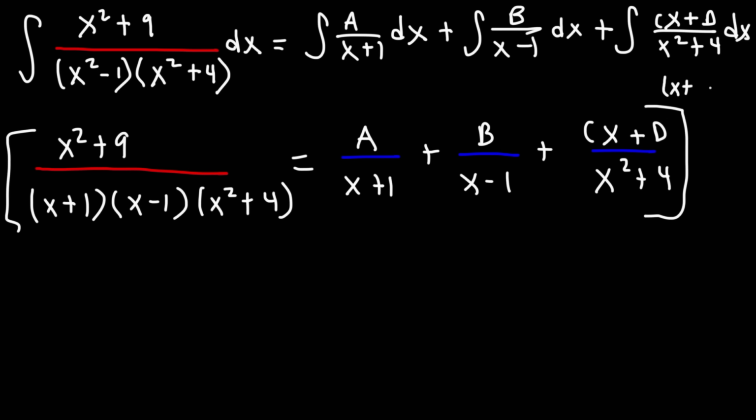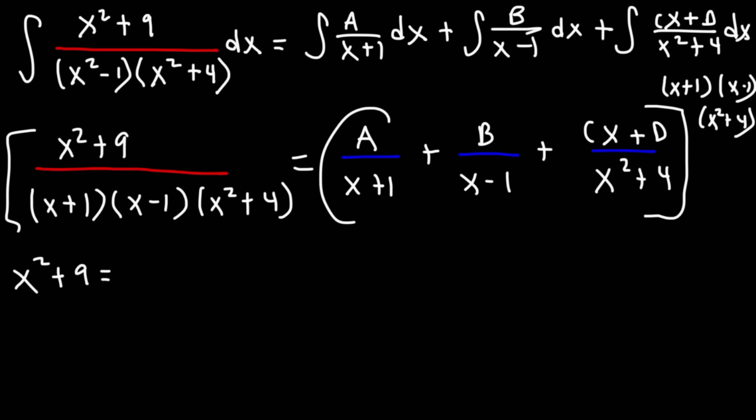So we have x plus 1, x minus 1, and x squared plus 4. So these will completely cancel, leaving behind x squared plus 9 on the left side. And then this fraction times all of that.